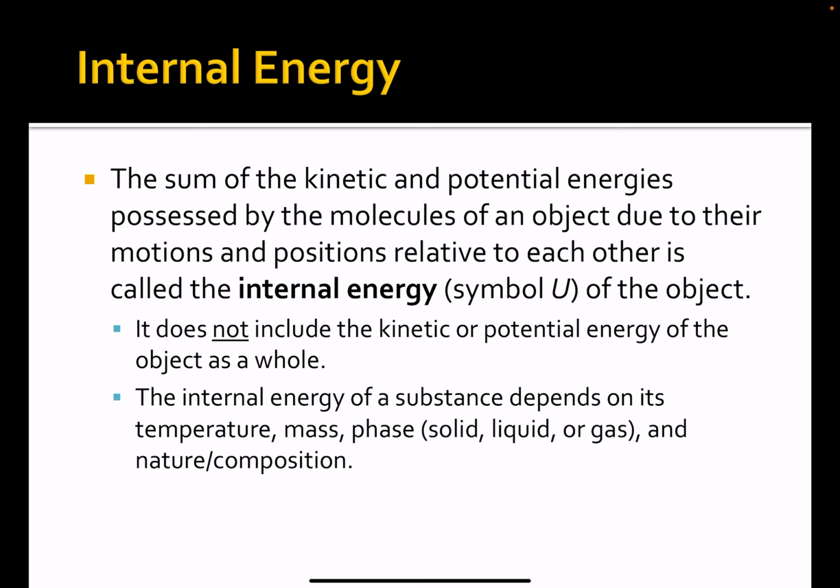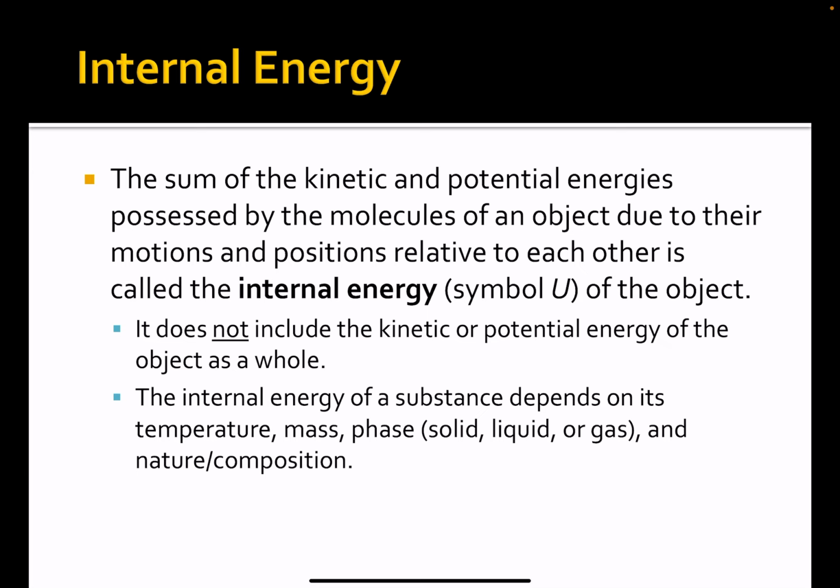It's called kinetic energy. And if we add up all the kinetic energies of an object, we get something called the internal energy. But not only the kinetic energies, there's also potential energies in atoms, which is the potential for them to do stuff. It's just kind of a stored energy inside the atoms. If we add up all these things, we get something called the internal energy, and it's called U. That's the symbol for it.